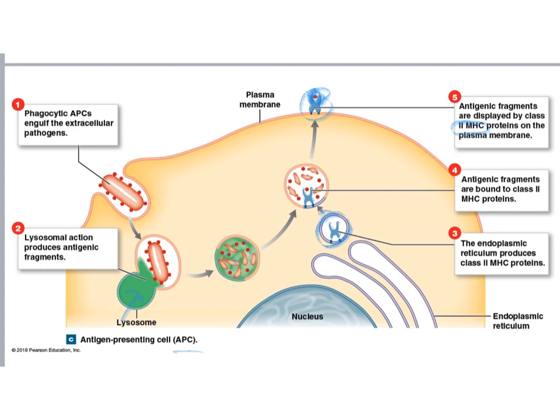MHC2 is going to be more present in bacterial infections, where those macrophages and neutrophils are out engulfing bacteria and then bringing those antigens to helper T cells, which can go to B cells, activate them to become plasma cells, and make antibodies specific against that bacteria. So MHC1 is more often seen in viral infections, MHC2 in bacterial infections.